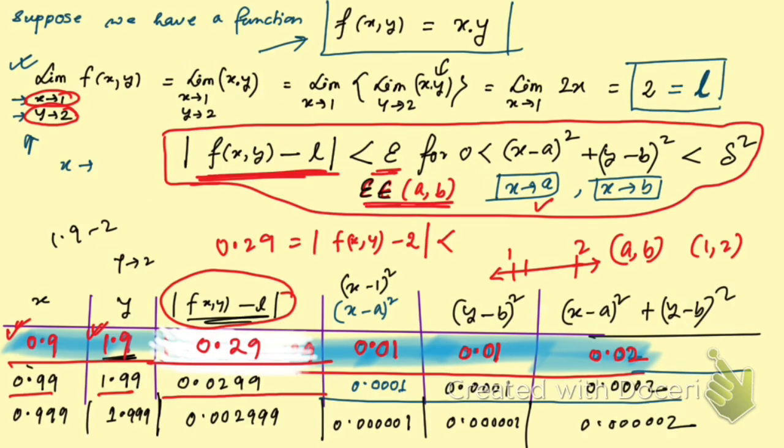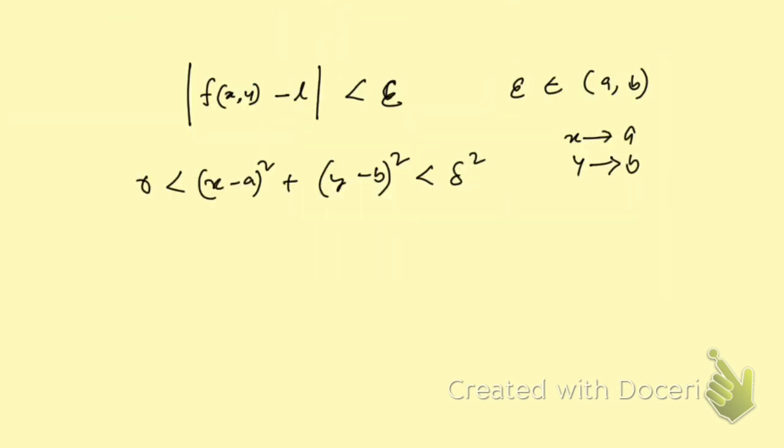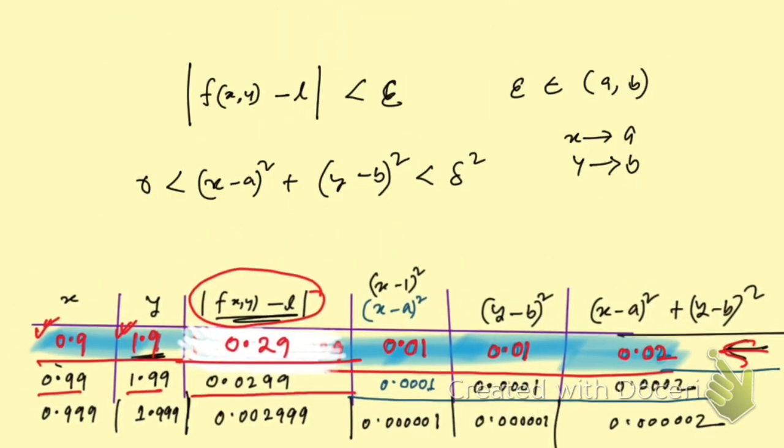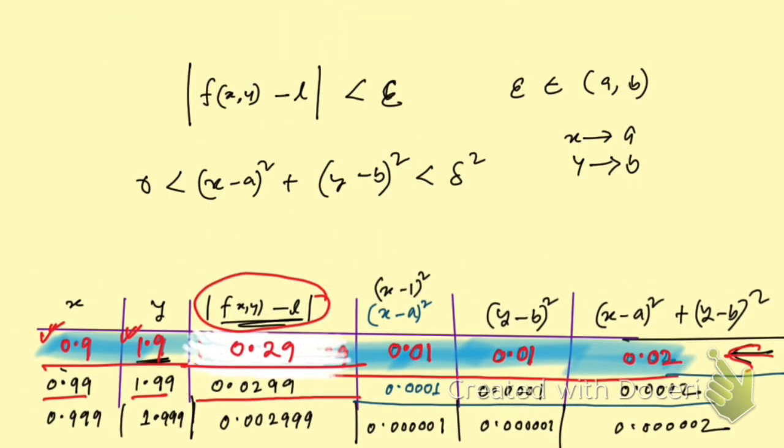Okay, so what are the values we have got in this example? Here you see this table. Let me copy this table and go to the new slide. So here is the table. If you check the first row, we have got this value equal to 0.29.